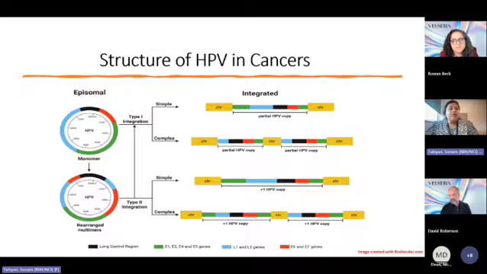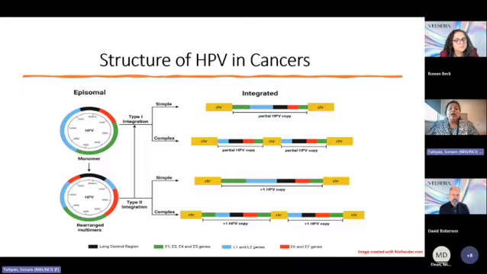When the HPV infects the host chromosome, it can either stay in its episomal form or in its integrated form. This episomal form can be a monomer, that means a circular 8 kb genome, or it can rearrange itself into multimers. When this monomer form of HPV integrates into the host chromosome, it leads to type 1 integration.